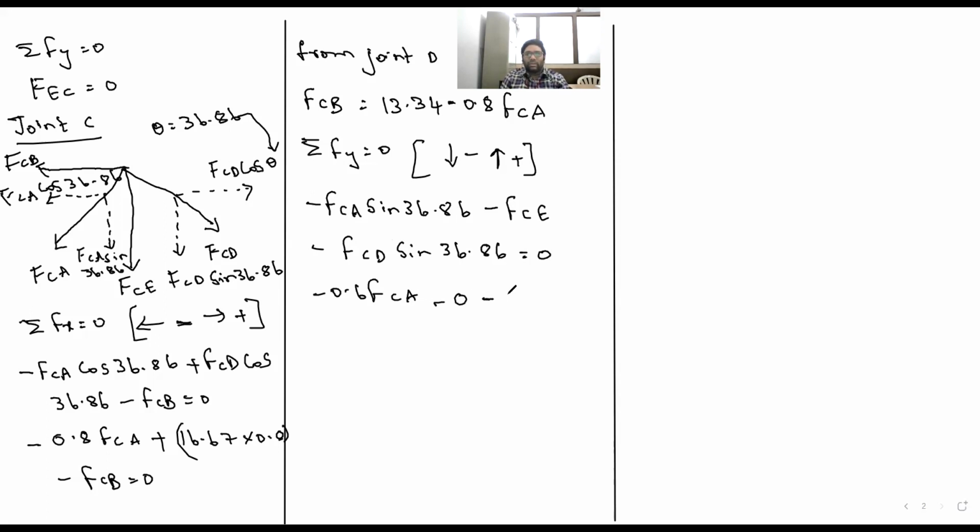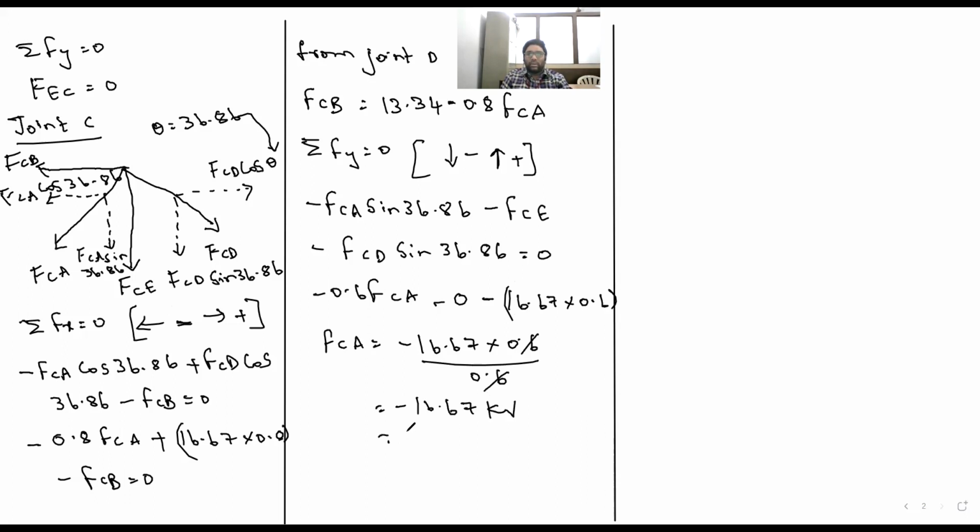Minus 0 minus 16.67 into 0.6. From that, say the value of FCA. So FCA is equal to minus 16.67 into 0.6 by 0.6. What is it? Compression or tension? That is equal to minus 16.67 kilonewton. That is equal to 16.67 kilonewton compression.